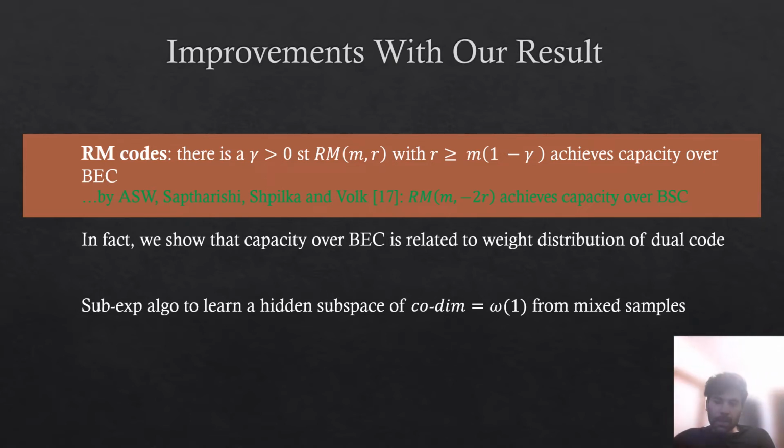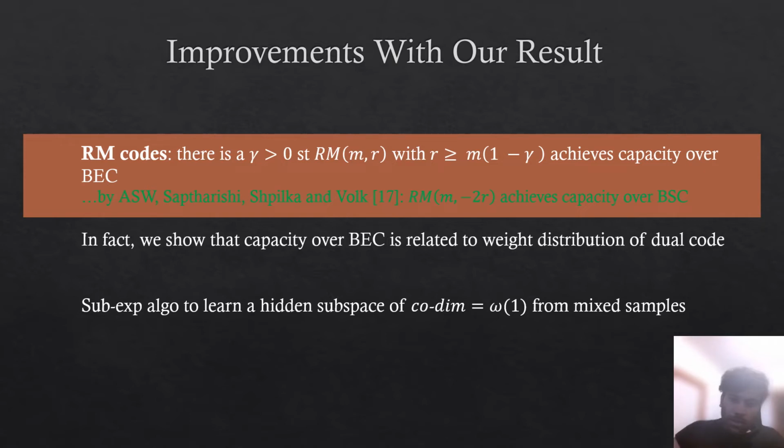So we extended the range of parameters in which the Reed-Muller codes achieve capacity over BEC, at least that we know of. And by standard reductions or results due to Abesh, Pilka, Vigderson, and Shabdashi, Pilka, and Vogue, this also implies capacity for the binary symmetric channel for a certain range of parameters.